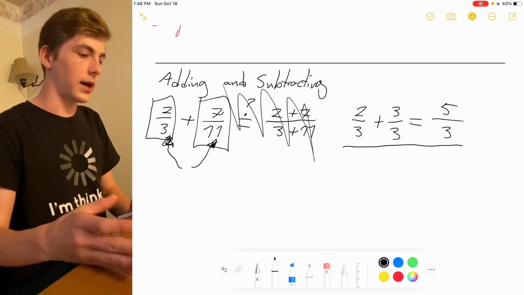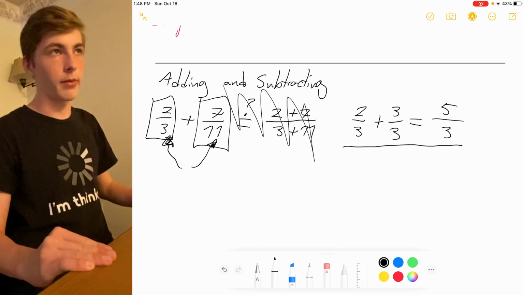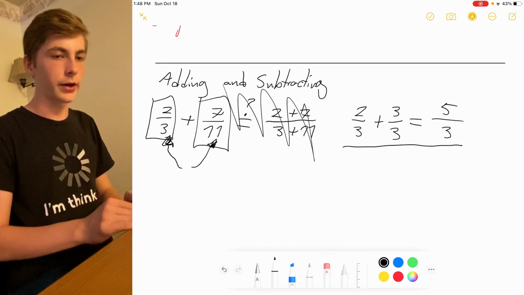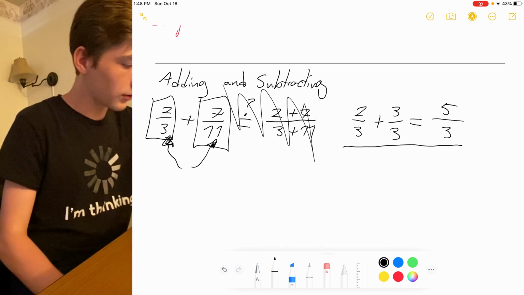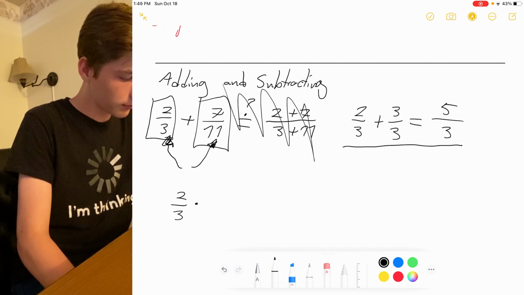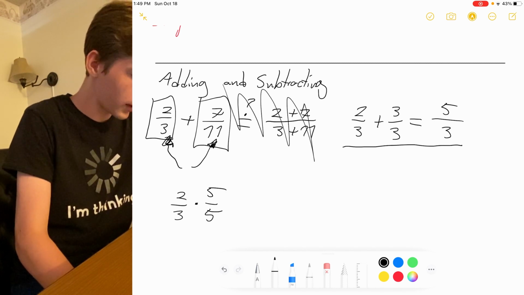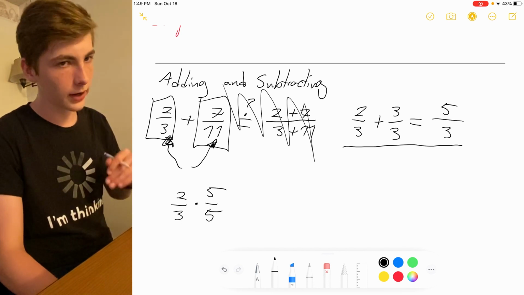So how could we make these the same thing without changing either of those fractions? The key is what we learned at the very beginning, that we can multiply by another fraction that equals 1 to change those numbers. For example, 2/3, if we multiply by, I'm just making this up off the top of my head, 5/5, it's the same as multiplying by 1 because we know 5/5 is just 1.